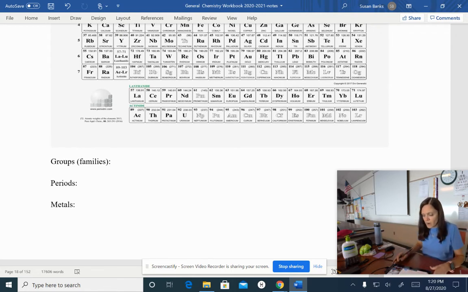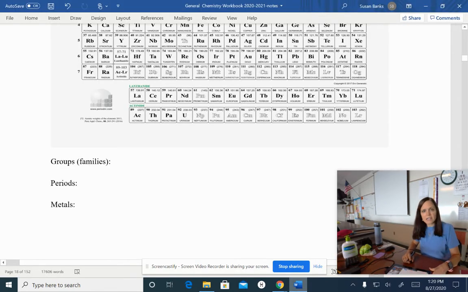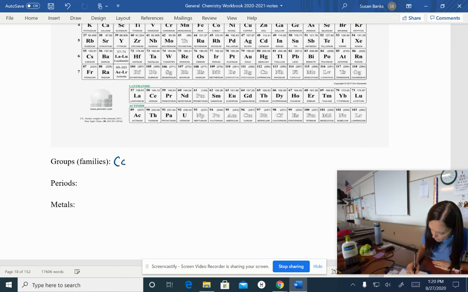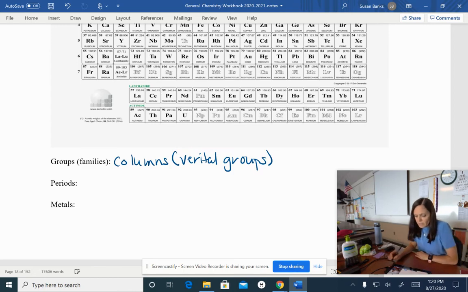So groups are actually the columns. So they are the vertical columns. And we call them families because the elements in those columns have very much the same type of reactivities, the same type of properties.